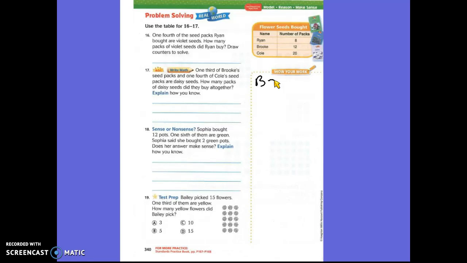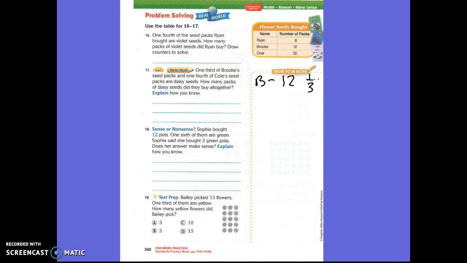How many seed packs does she have? 12. She has 12 total. Now, in the story, what fraction of Brooke's seed packs were daisies, Tedman? 1/3. Yes, 1/3 of her seed packs were daisies.